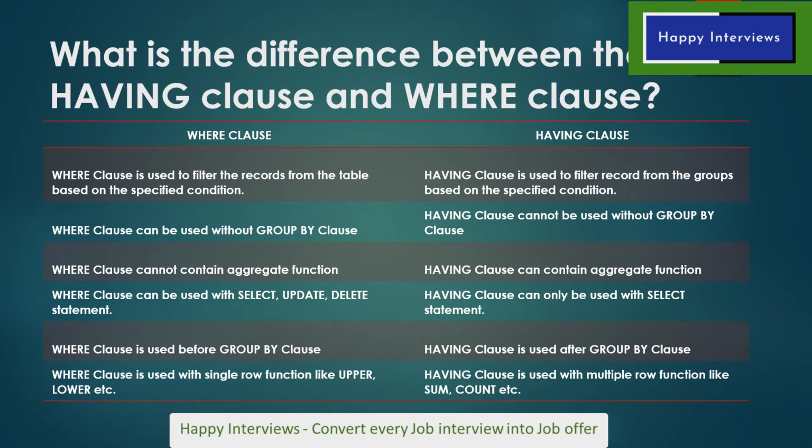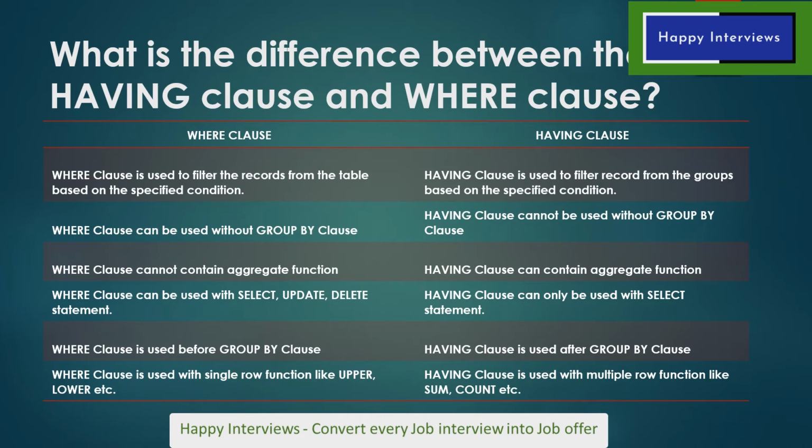Then where clause can be used with select, update, delete statements, whereas in having clause we can use just the select statement. This is a major point. So only select statement can be used with having clause. Then where clause is used before group by clause, whereas having is used after group by. So if someone asks that in a query I have a group by condition, can I use where clause there in that statement?